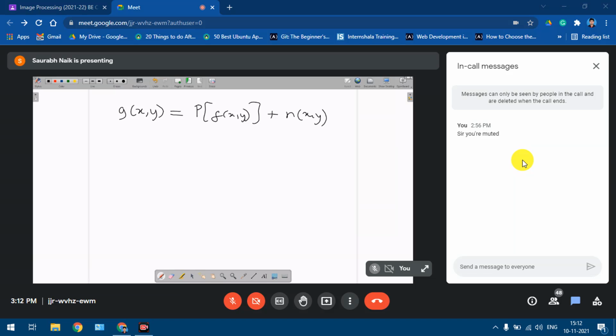Now, in inverse filtering, in the first part, we just consider that the noise is ignored. Okay, we assume that there is no noise.